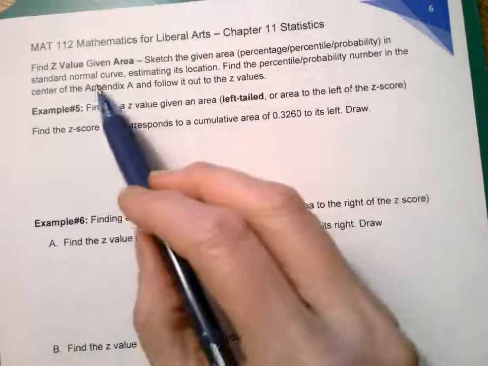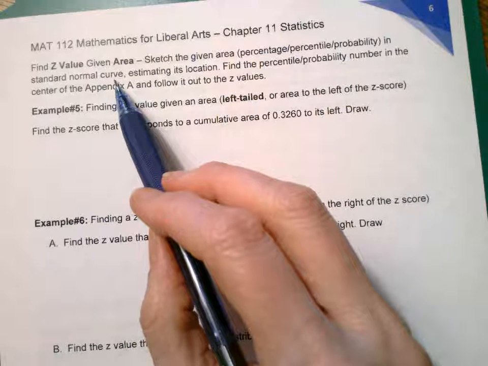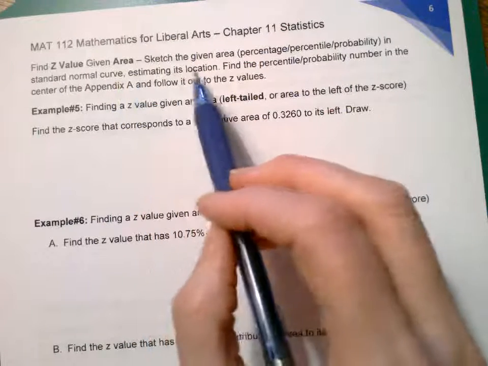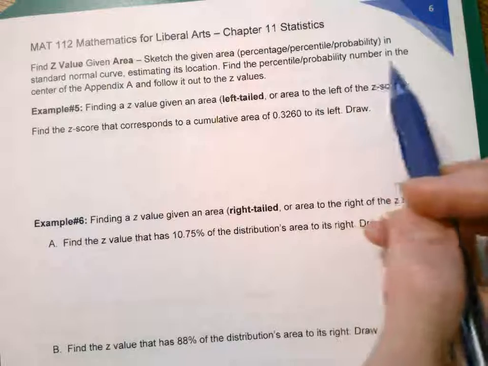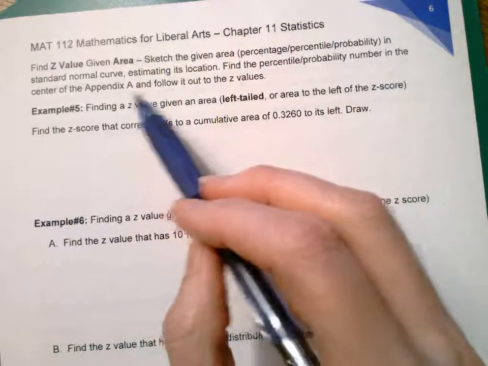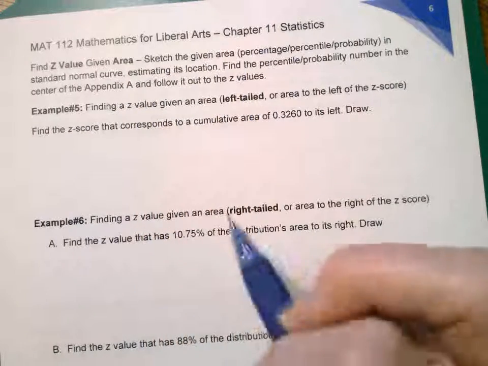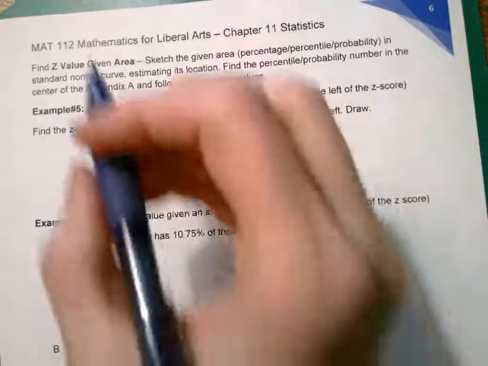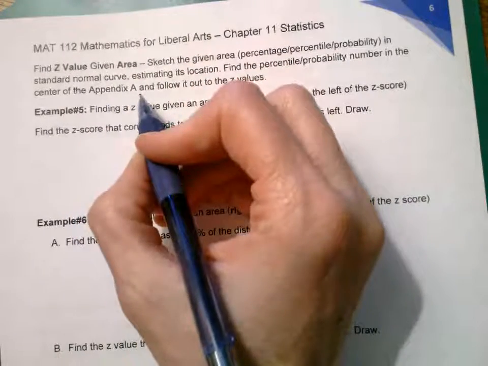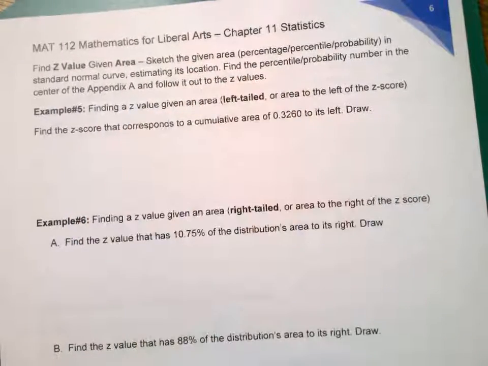Okay, under the standard normal curve, which is the z scale, estimating its location. Find the probability number in the center and follow it out to the z scores. So I keep writing Appendix A, but that's not how ALEKS works.